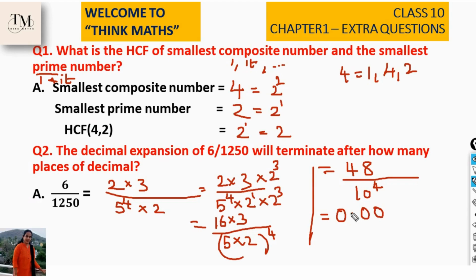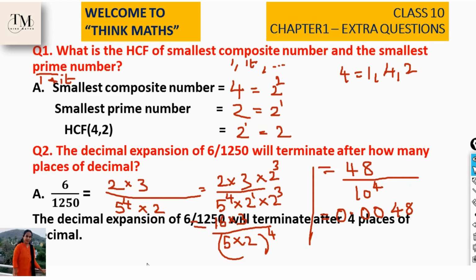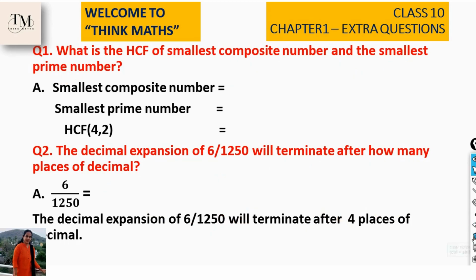So 0.0048. The decimal places will be 4. So the answer is: the decimal expansion of 6 divided by 1250 will terminate after 4 places of decimal. Okay, next question.